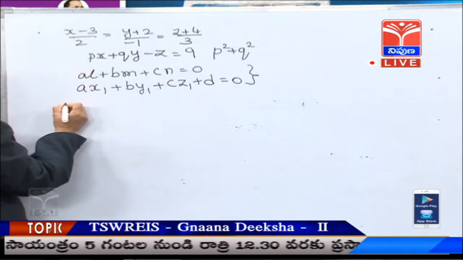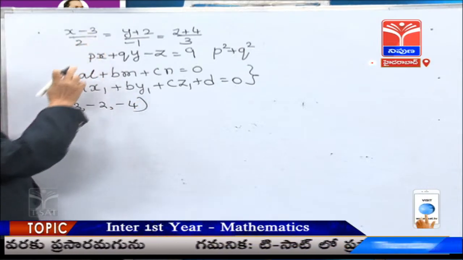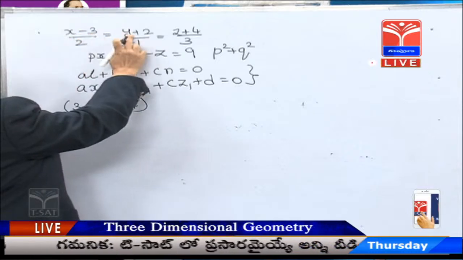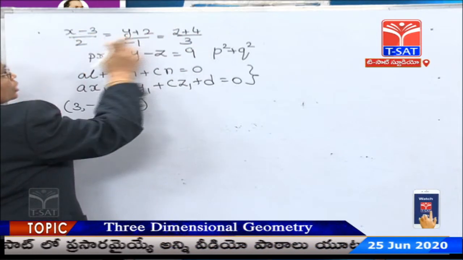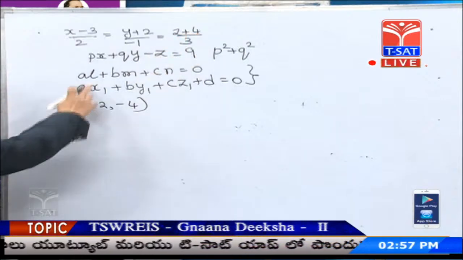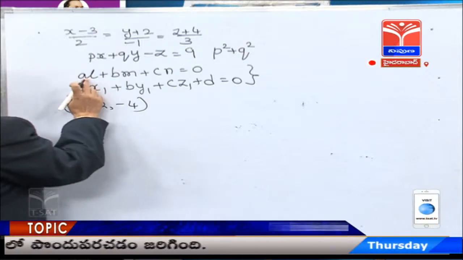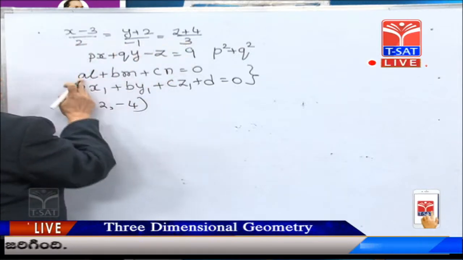So, here a point is (3, minus 2, minus 4). From where did I get this? This is x minus 3, y plus 2, z plus 4. So, a point is (3, minus 2, minus 4), and the plane equation is this. Now using the condition, l, m, n are 2, minus 1, 3.